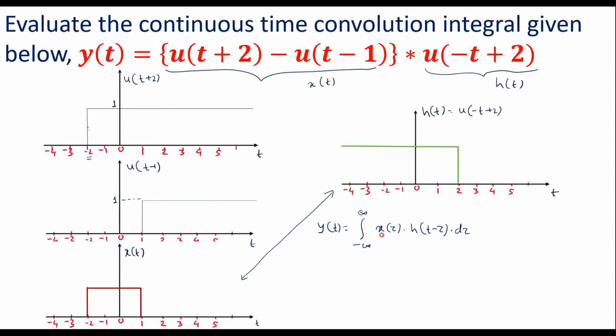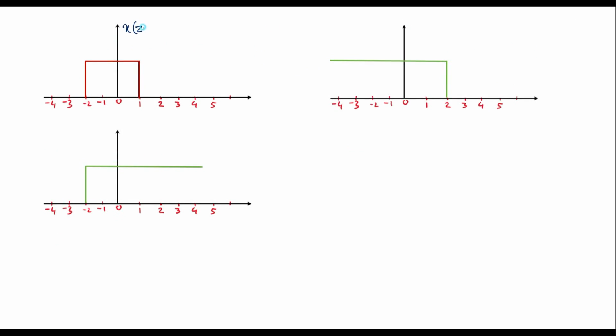Now let's plot x of tau and h of t minus tau signals from x of t and h of t just by replacing t by tau. Let this be x of tau signal which is obtained from x of t by replacing t by tau. Let this be h of tau signal which is obtained from h of t by replacing t by tau.